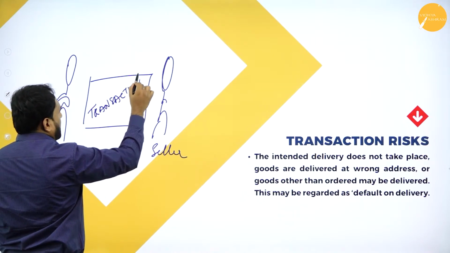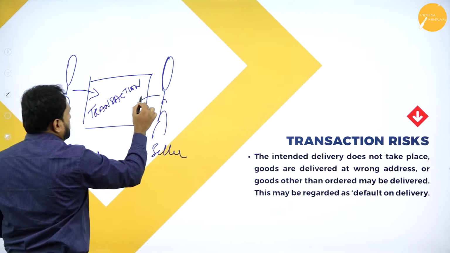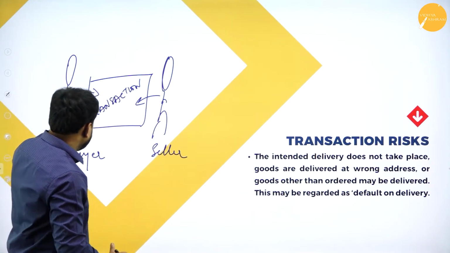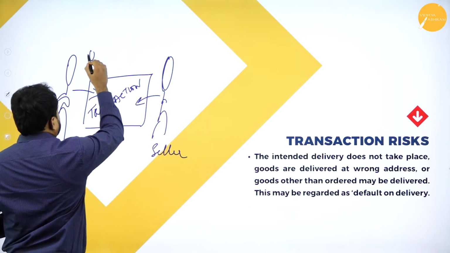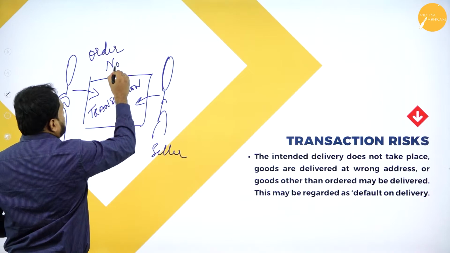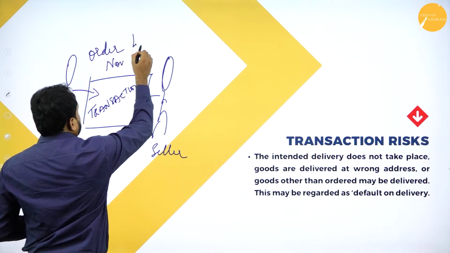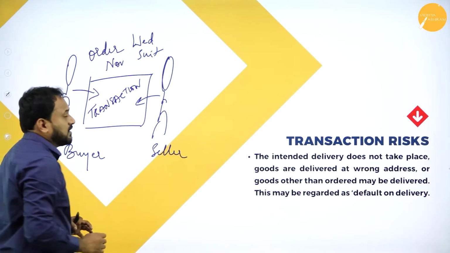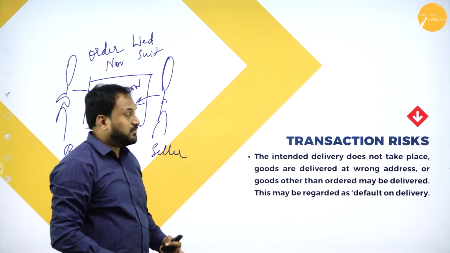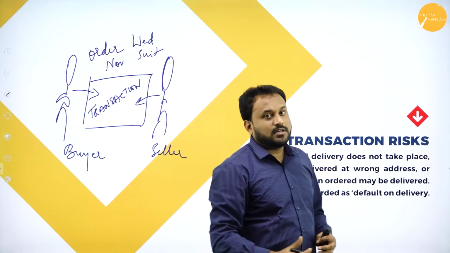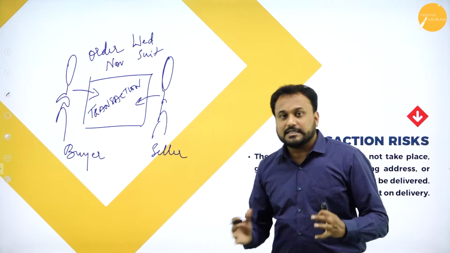Understand the transaction risk here. Now the buyer has placed an order, saying that in the month of November he needs his wedding suit. The seller will take the order, the seller will give the shipping, all of it has happened.